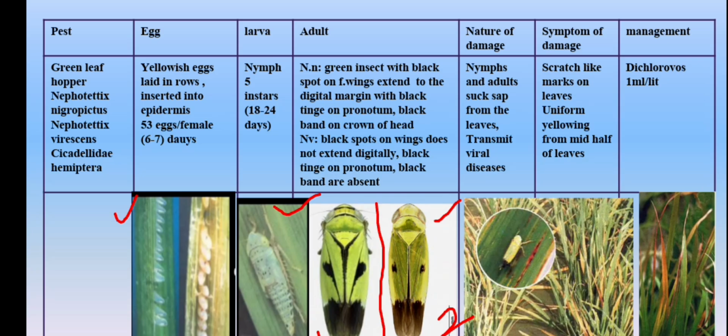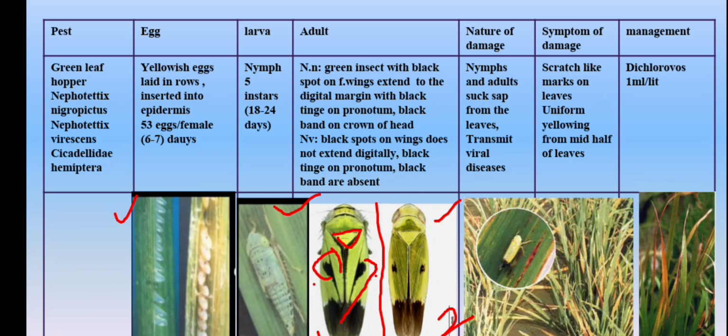So in case of Nephotettix nigropictus, you can see it is green in color with 2 black spots on the wings. Here you can see these are the black spots on the wings which are extended distally. So these spots are extended distally, and you can see black tinge on the pronotum.